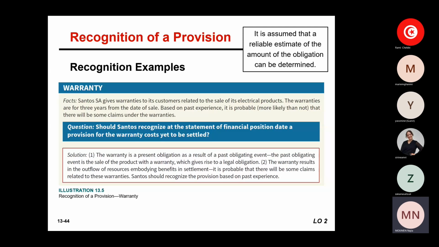Added to that, the amount is estimated to be a reliable estimate. If we can reliably estimate how much warranty expense and liability there is, we should recognize it based on that past experience. For example, we can record warranty expense and warranty liability of $10,000.